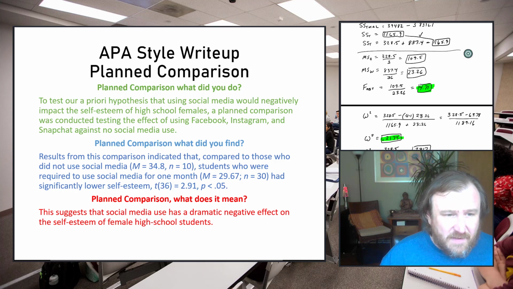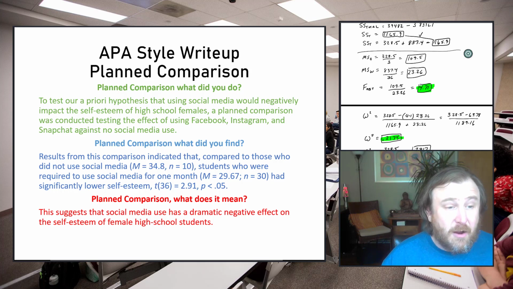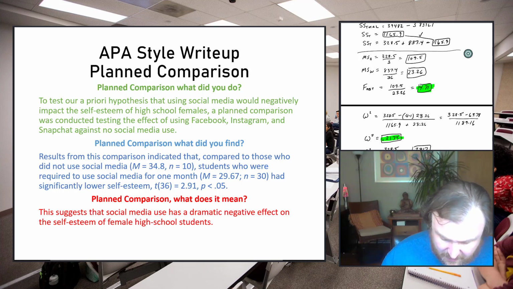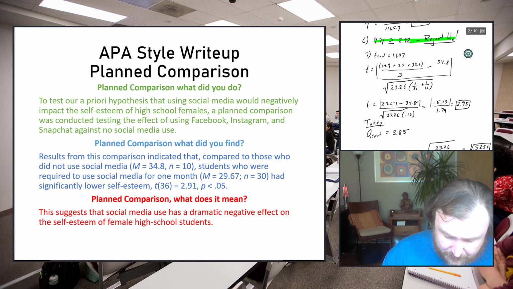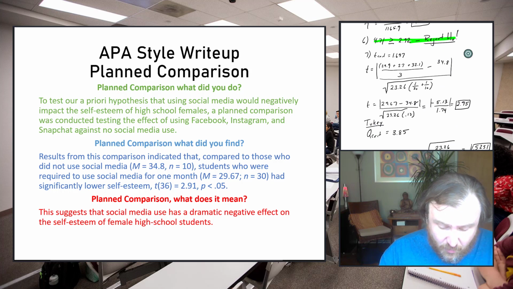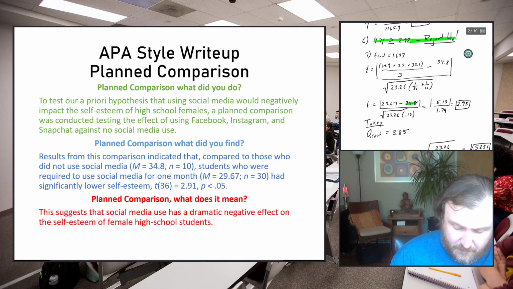Then we say what we found. Results from this comparison indicated that compared to those who did not use social media, and then we report the mean that we computed to compute our t-value, which if we look here on our t-crit equation, the mean was 34.8 for people who did not use social media.